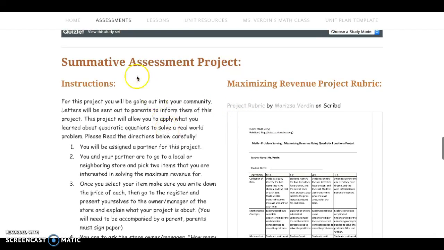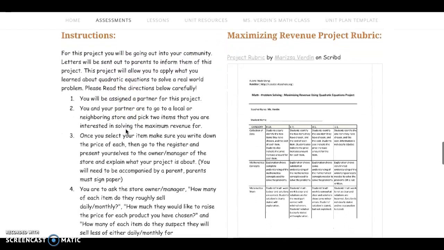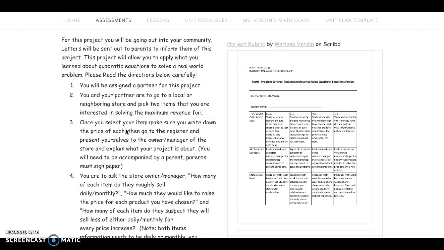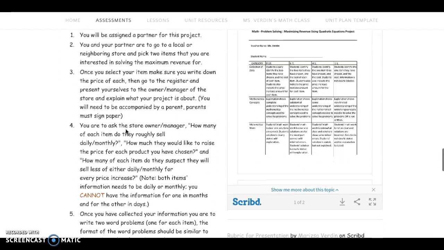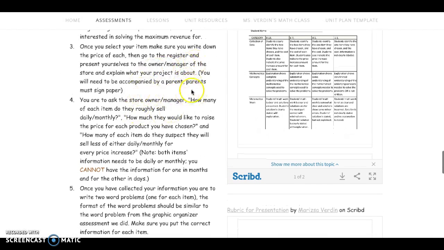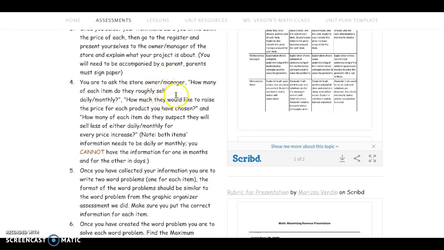So we have the summative assessment project, which is the Maximizing Revenue Project, in which students will go to a local or neighborhood store with a parent, and they would pick 2 items that they are interested in solving the maximum revenue for. Once they select their item, they would write down the price of the item, and then they would go and speak to an owner or a manager of the store and ask some hypothetical questions.